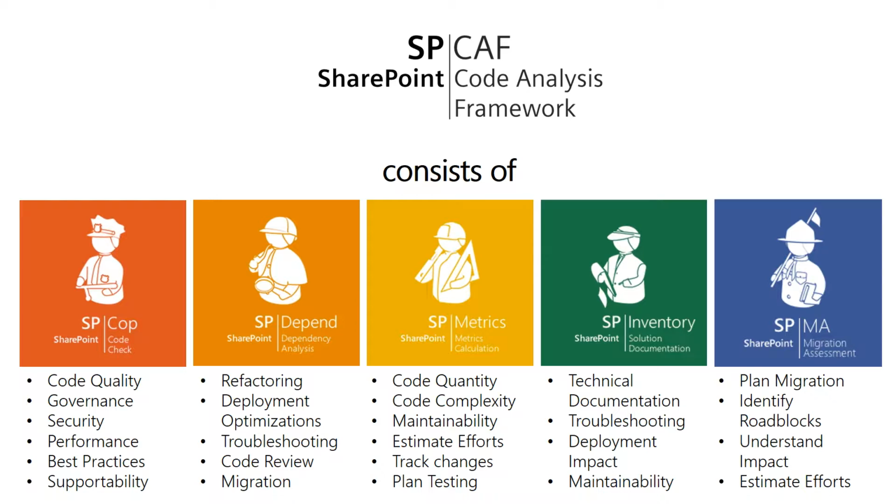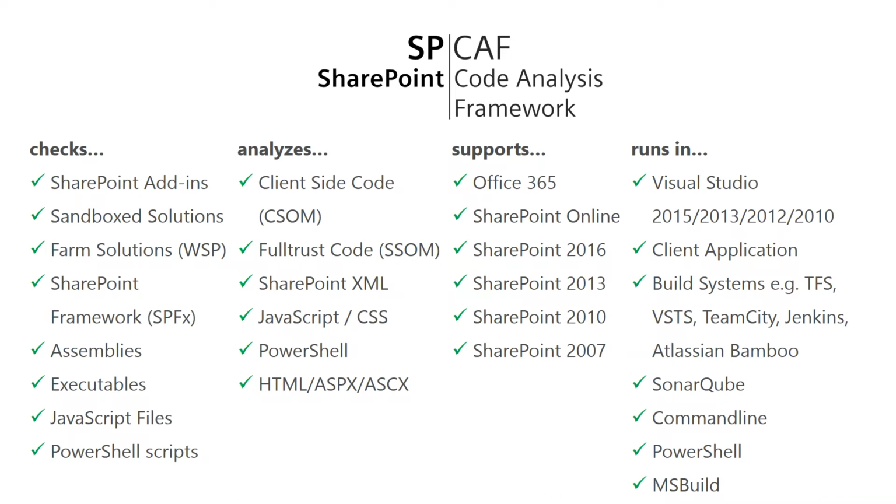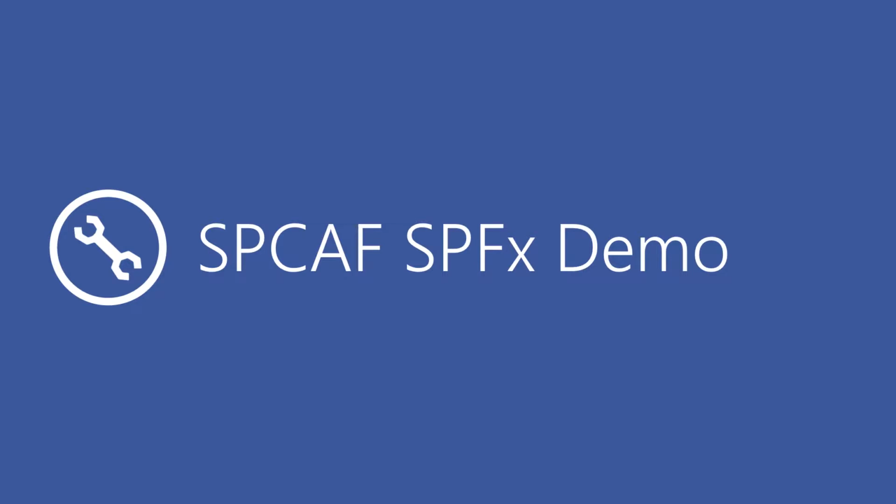Additionally, SPCAF offers a rich API for extending the standard functionality in any of these 5 areas. Because SPCAF integrates with the complete lifecycle of SharePoint customizations, it's easier to build high-quality customizations. Now that you know what SPCAF is, let's have a look at how it supports SharePoint Framework solutions.